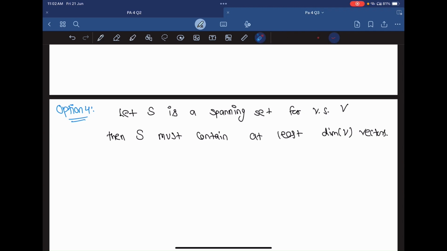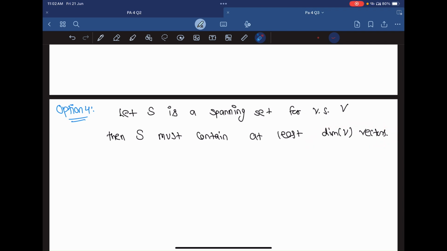In other words, the dimension of a vector space is equal to the number of elements in its basis, and a basis is a minimal spanning set or maximal linearly independent set. So if we claim that a set is a spanning set for a vector space, then it must contain at least dimension V vectors.